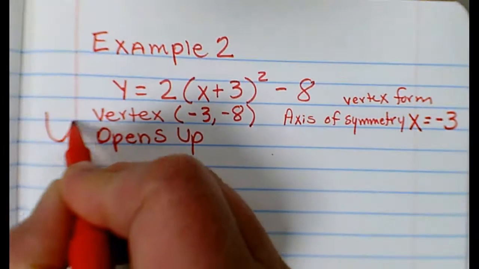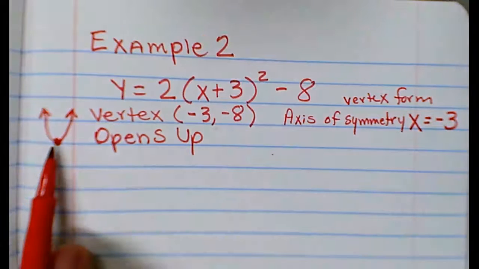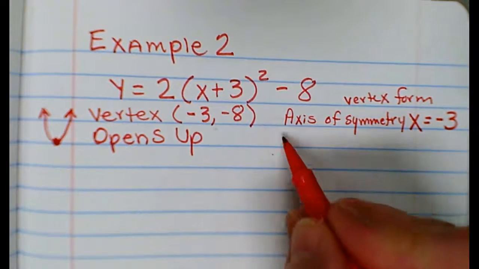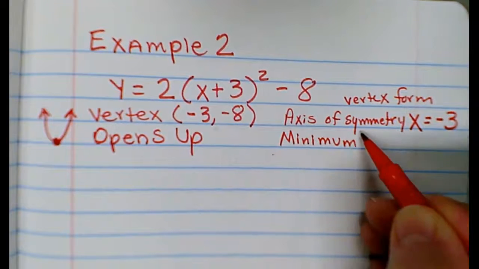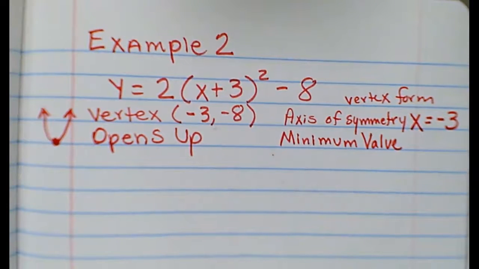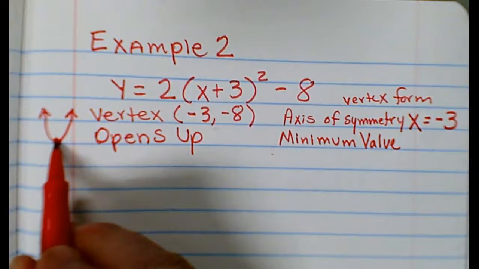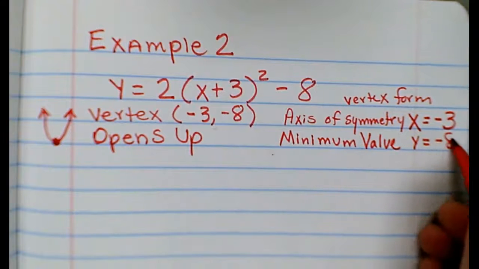If this graph opens up, is this vertex point a maximum or a minimum? And the minimum value is the y value of this point. That's how far down it goes. The minimum value is -8.